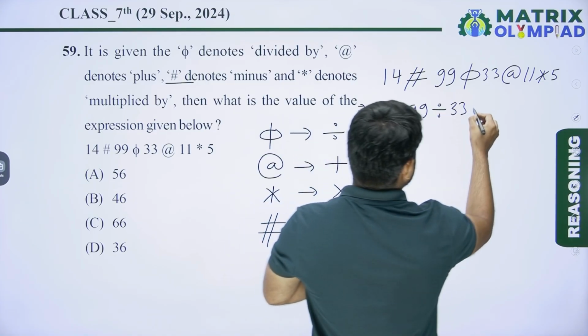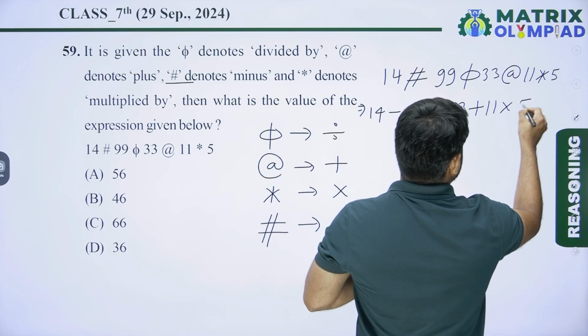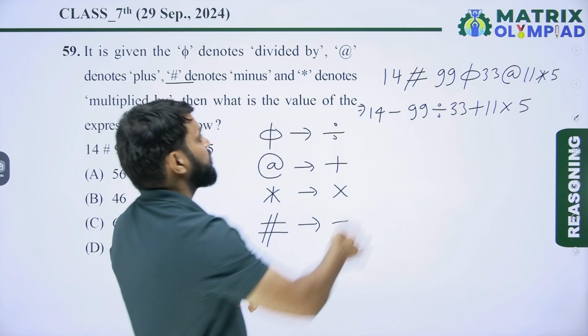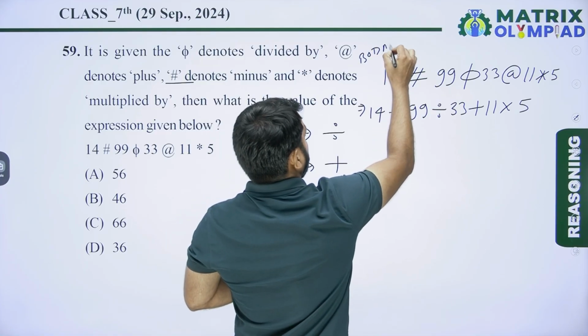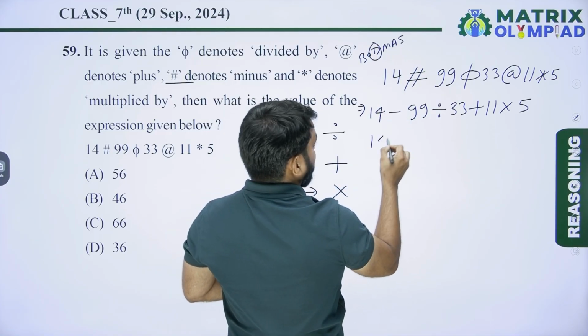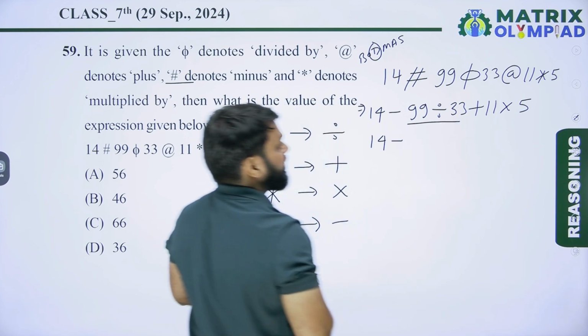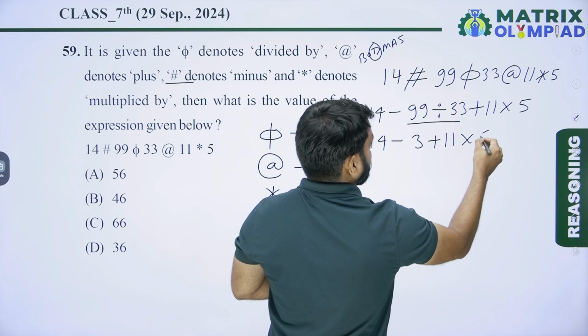Now at the rate means plus 11. Now asterisk means multiply by 5. Now using the BODMAS rule in this equation, first divide the numbers. So 14 minus 99 divided by 33, it means 3, plus 11 into 5.